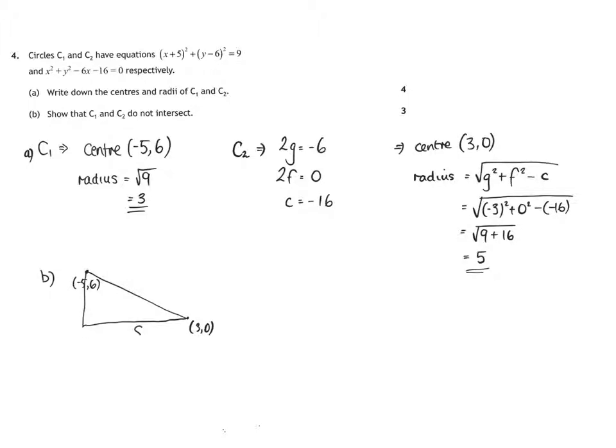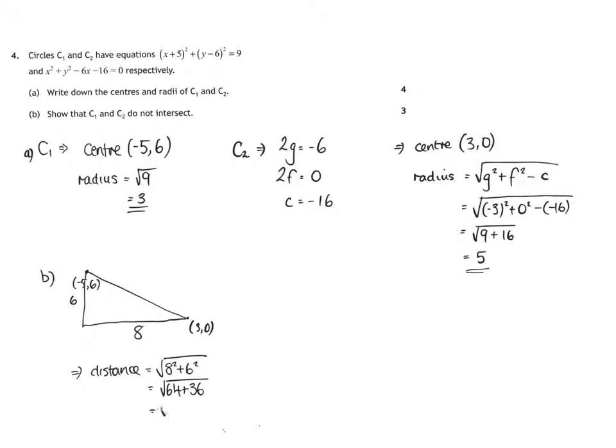So we've got 8 here. To go from minus 5 to 3 is plus 8, and to go from 6 to 0 is 6. Okay, so therefore distance is going to be equal to the square root of 8 squared plus 6 squared, which is going to be the square root of 64 add 36.